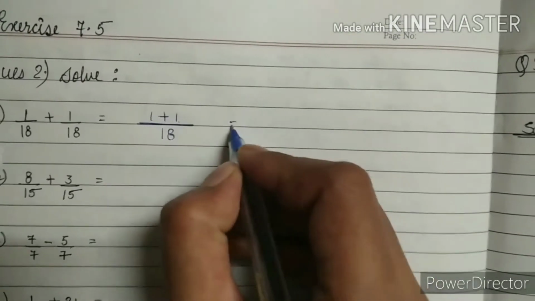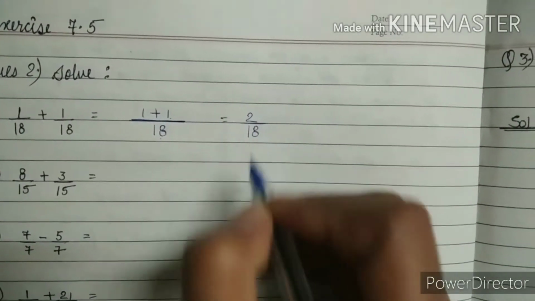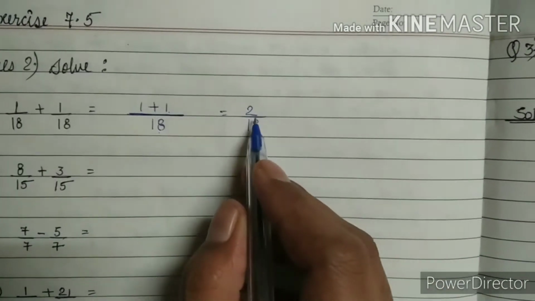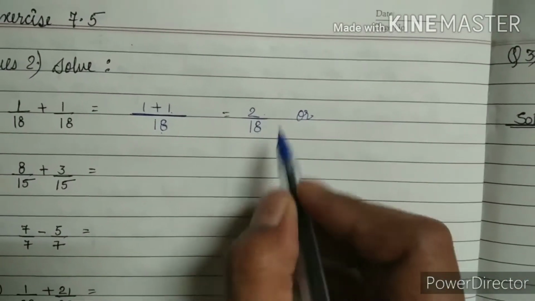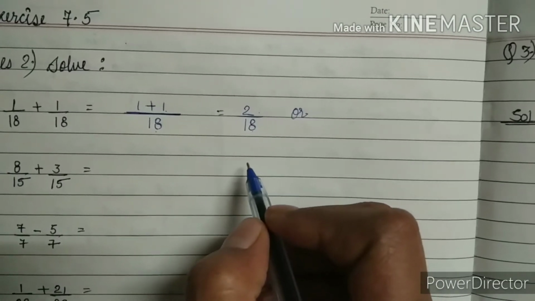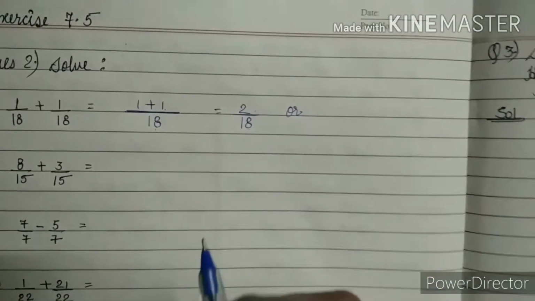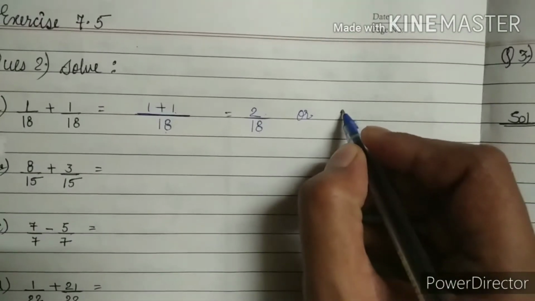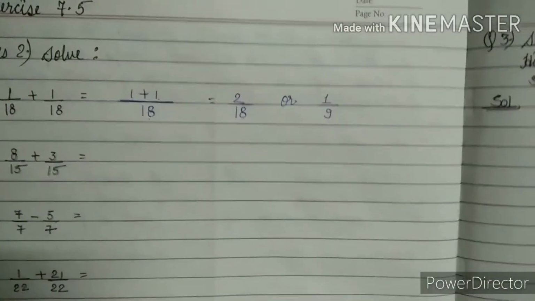So 1 plus 1 is 2 and denominator 18 as it is. We can also write it in the simplest form, so 2 and 18 both are in the table of 2. So we will divide 2 and 18 both by 2. So 2 divided by 2 is one and 18 divided by 2 is 9.